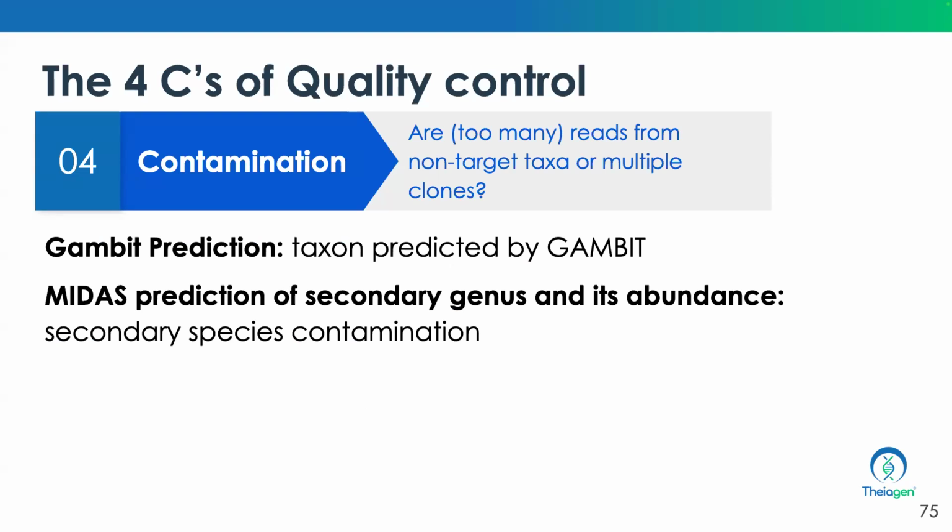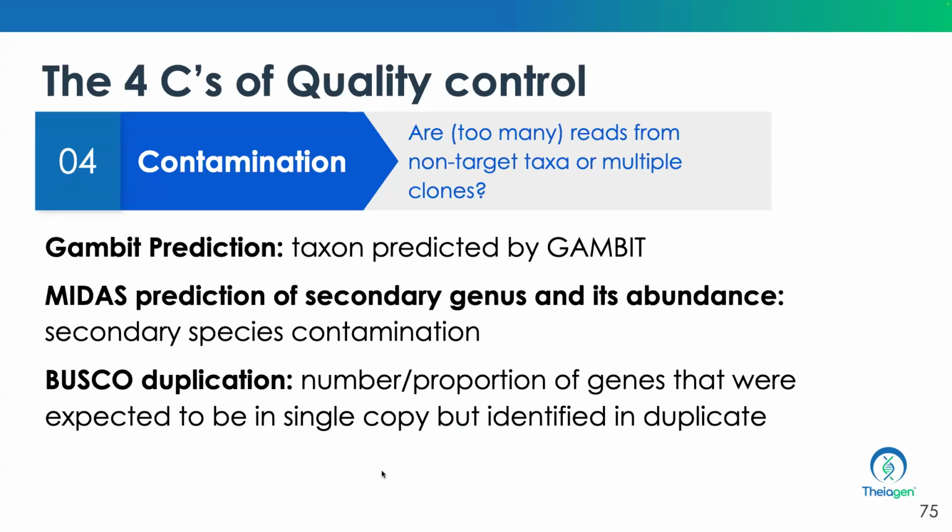So is that more than 1%? Is it 5%? Or is it just way below 1%? And also the duplication. So again, looking at the number of genes that are complete, but then you remember those were split into those that are single copy as well as those that were duplicated, which is also an indicator of contamination.